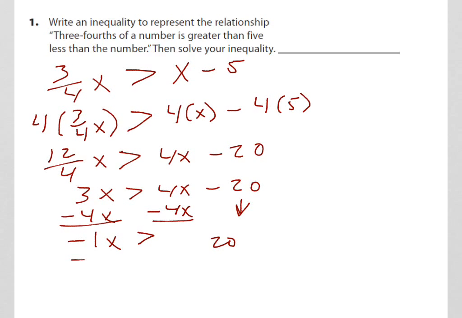So I divide by negative 1. Now I'm going to get here a positive 1x, and here I'll get a negative 20, but I will reverse my signs from greater than to less than. So my answer is x is less than negative 20. All right. I'll see you soon.